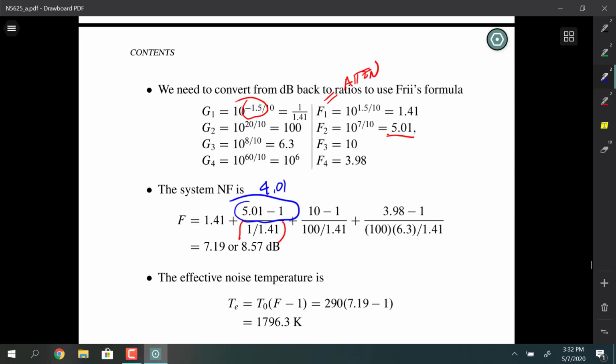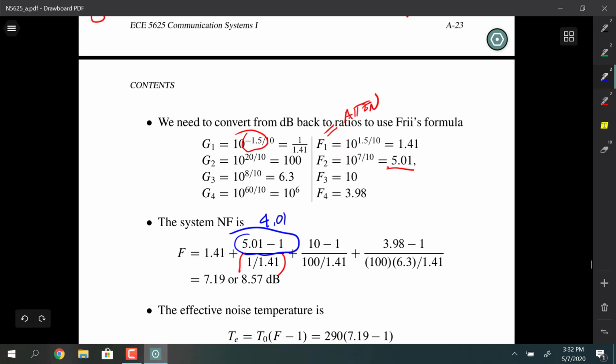And then things start to calm down a little bit when we go to the third stage. We take the noise figure of the third stage minus 1, and then we multiply the product of the gain of the second stage, and then 1 over 1.41 is the gain of the first stage. And then we move on to the next stage, which we only have 4 stages in this case.